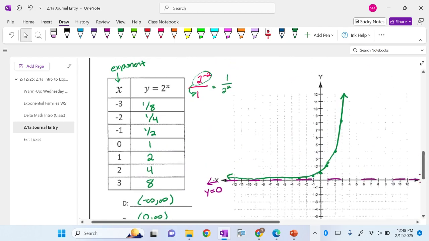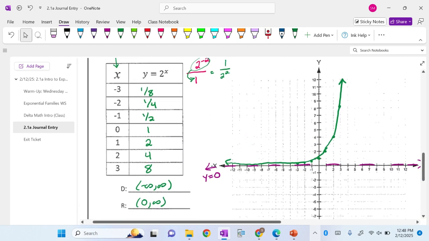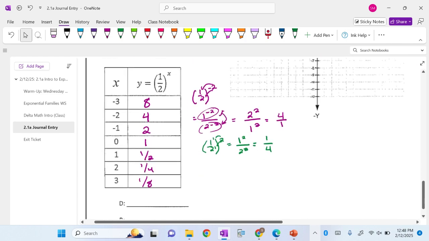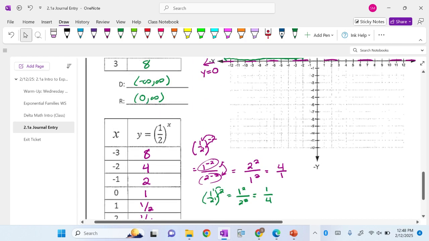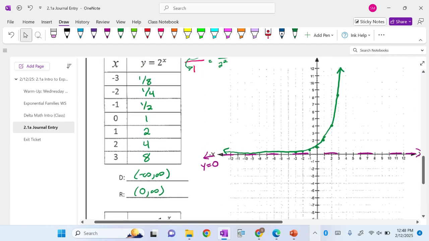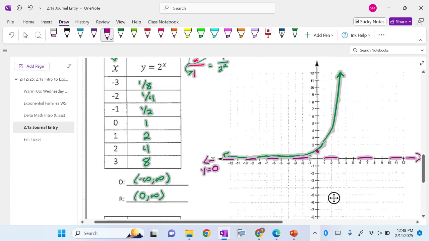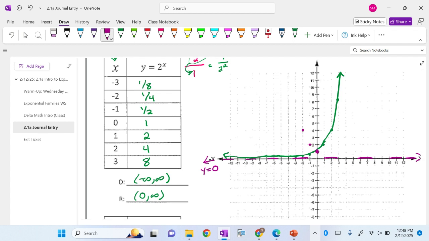So in other words, the y values between the first graph and this one switched. Because this graph is going to look like it's descending. So I'm going to do a quick sketch, given my points. And again, it doesn't have to be perfect.